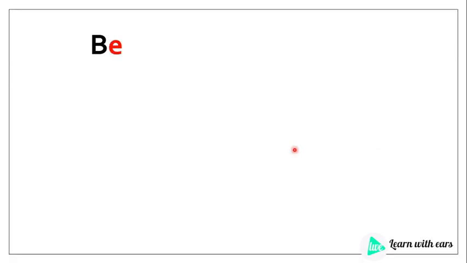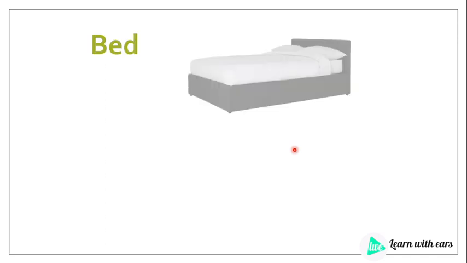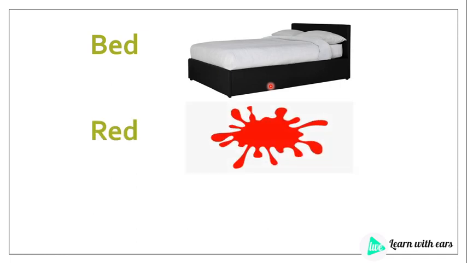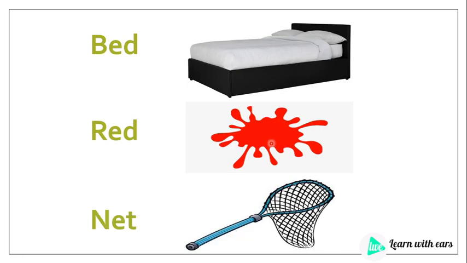B, e, d, bed. It's a bed. R, e, d, red. It's a red color. N, e, t, net. It's a net.